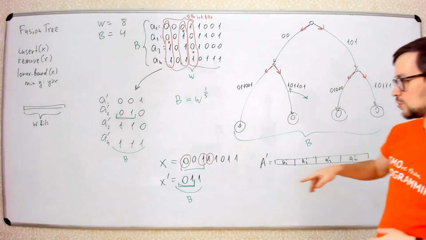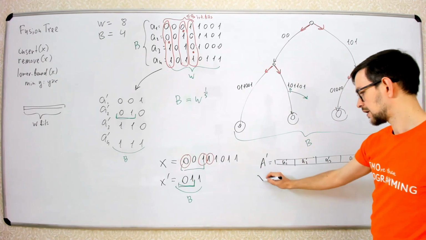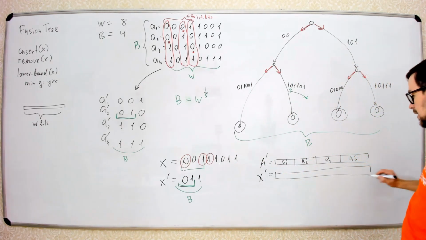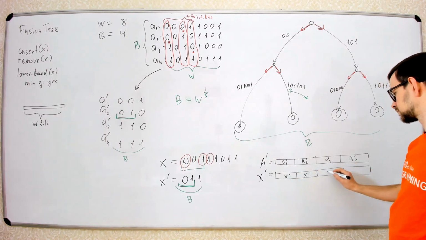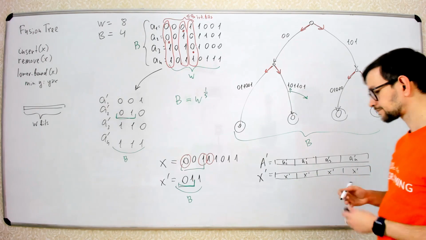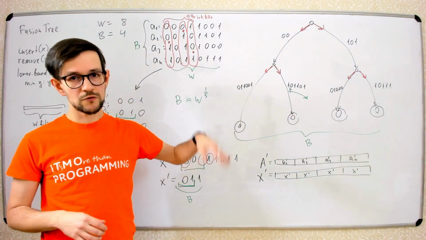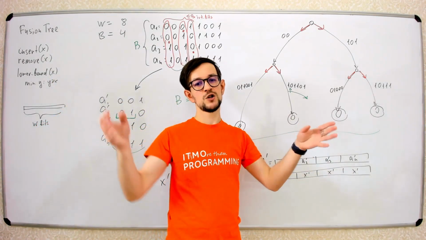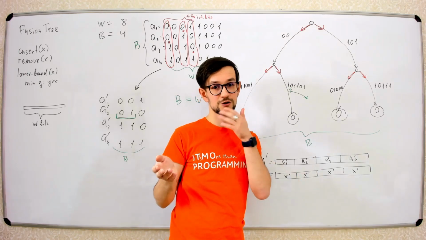So again, you take your x prime and build something like this. You build x prime and multiply it 4 times, like this. Then you subtract one from another and you get this array of booleans. You make the sum of all these booleans using, again, the same technique as in the previous lecture.